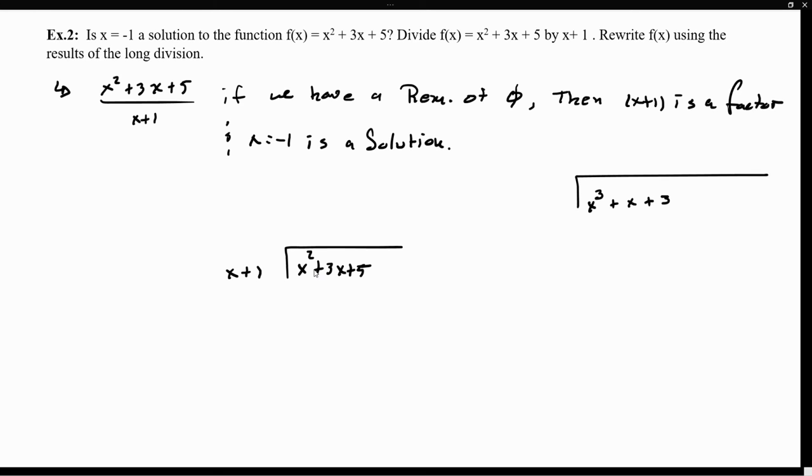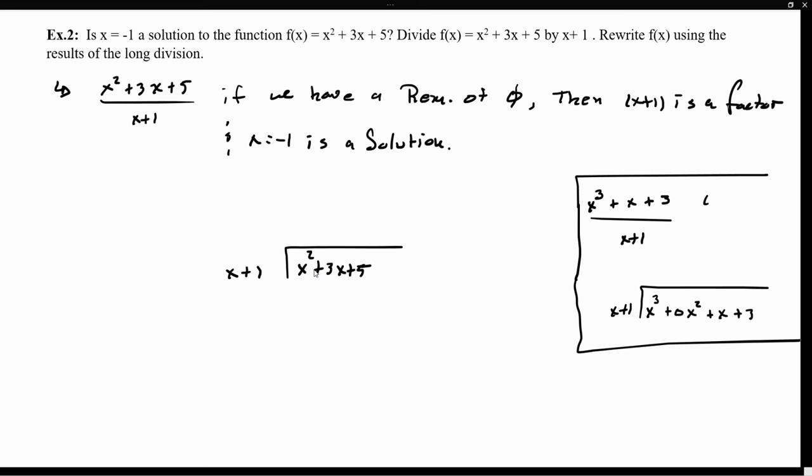And this is a completely different problem, nothing to do with what we're doing right now. Let's assume that we want to divide it by x plus 1. The way that we would have written that is we're going to write down x cubed plus 0 x squared plus x plus 3 with the box of x plus 1. So this is what I mean by, is there anything that is missing?